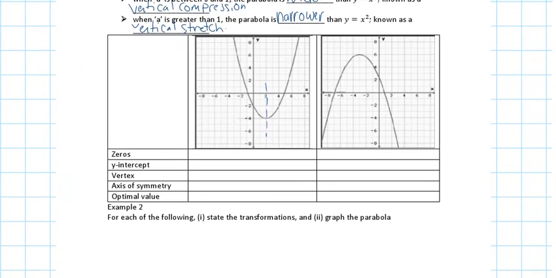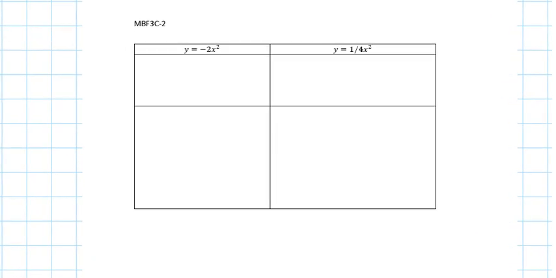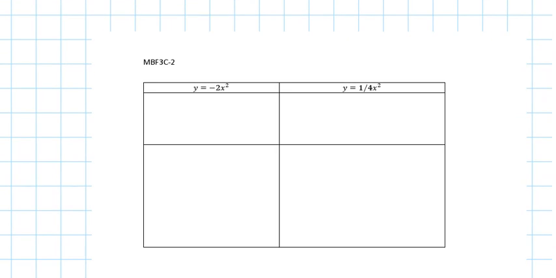The question is asking you for this one to state the transformation and graph. First you have to state the transformation. This is what your question is going to ask you most likely. Remember your original function is y equals x squared. So compared to y equals x squared, this is going to have a reflection because it's a negative.